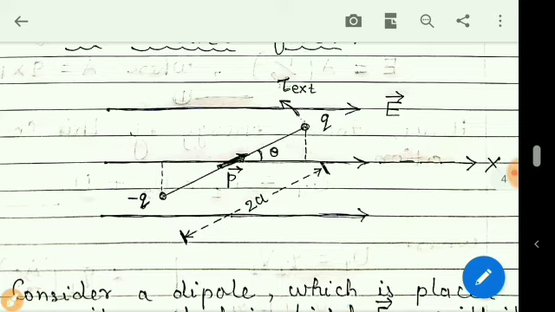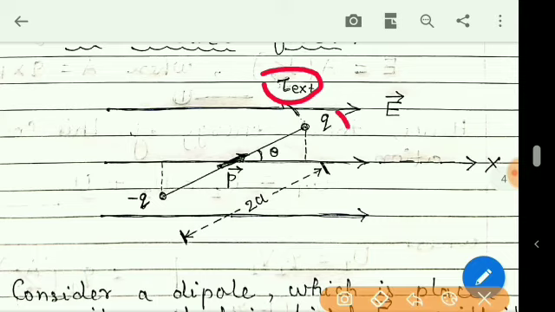Now students, if we want to rotate this dipole in an electric field, then we need to apply an external torque. Otherwise what will happen? If we put the dipole in an electric field, then it will rotate due to that electric force, and we can say that the torque acting is due to the electric field.